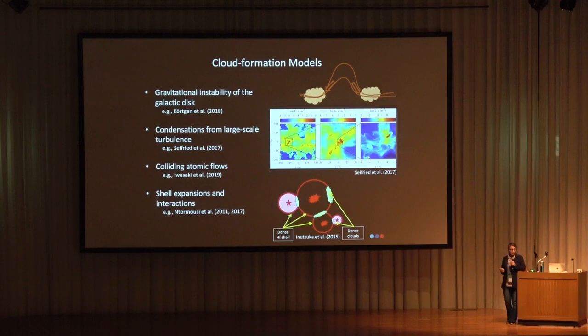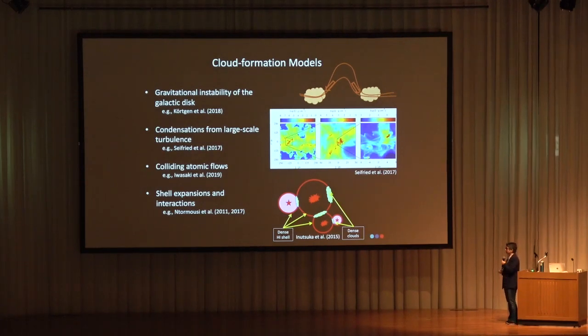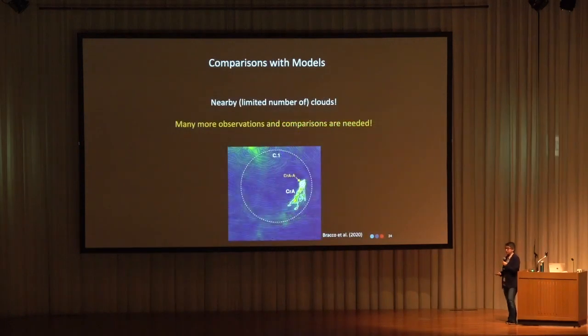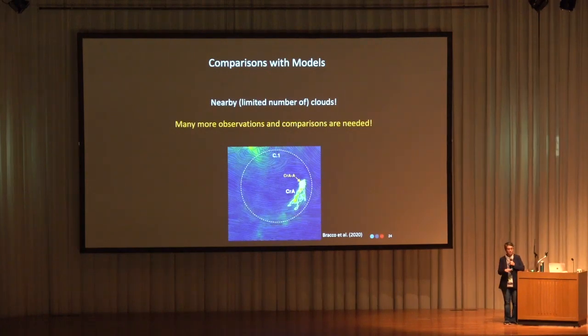Now, the model of Inutsuka et al. 2015 showed that multiple compressions are needed to actually form molecular clouds. Although a few studies find their magnetic field observations consistent with the model of Inutsuka et al. 2015, these are a very limited number of clouds, and they're all nearby clouds.